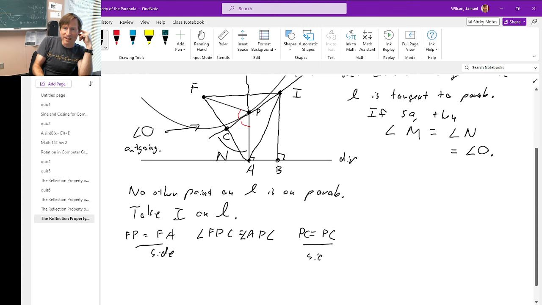Okay, but notice that this is a side, another side, and an angle for two different triangles, right? There's the triangle FPC and the triangle APC, and we know that they have two congruent sides, and the angle between those two sides is the same.